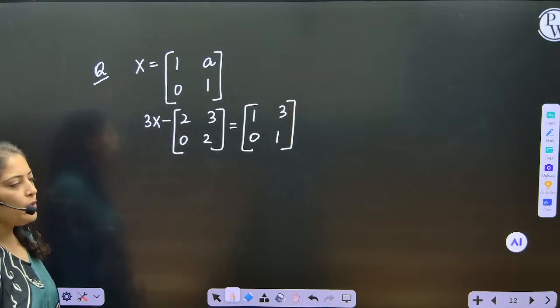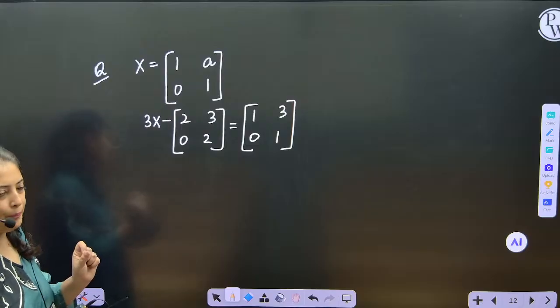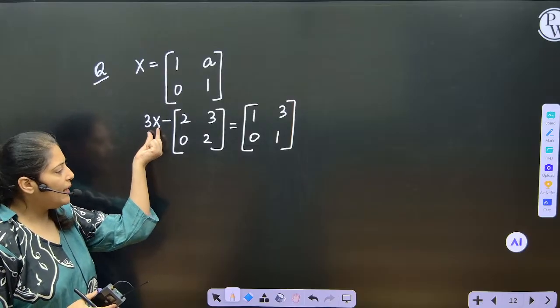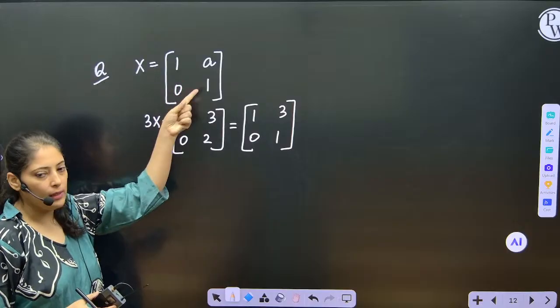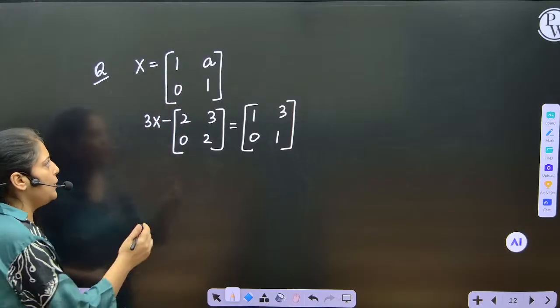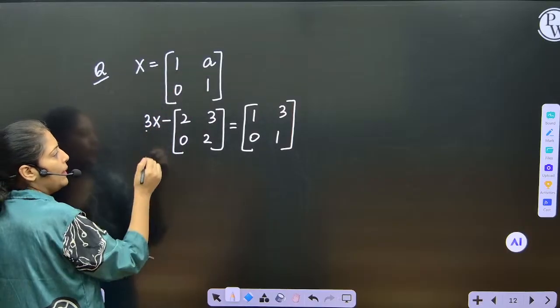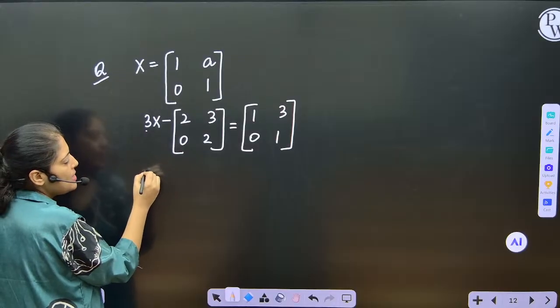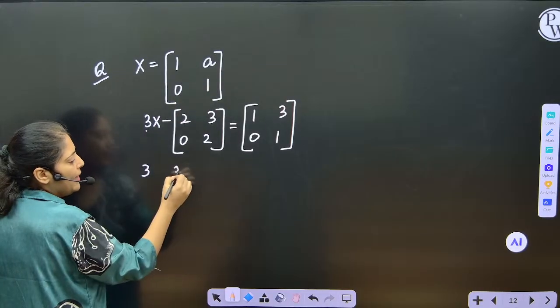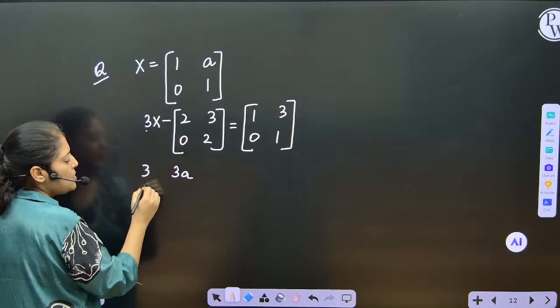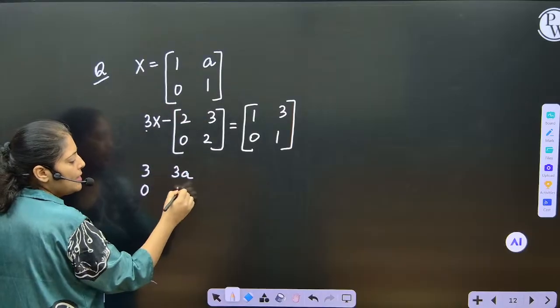Okay, now two things are applicable here. First, I am multiplying a matrix with a scalar 3. Okay, so I'll do that. Now 3 will be multiplied with full matrix X. 3 ones are 3. 3 into A is 3A. 3 into 0 is 0. 3 into 1 is 3.